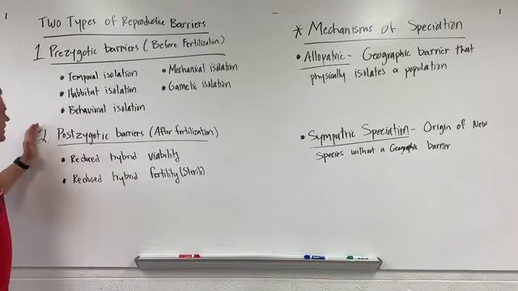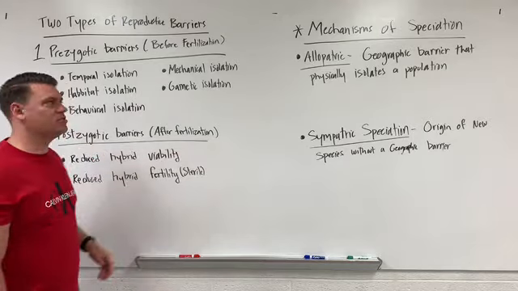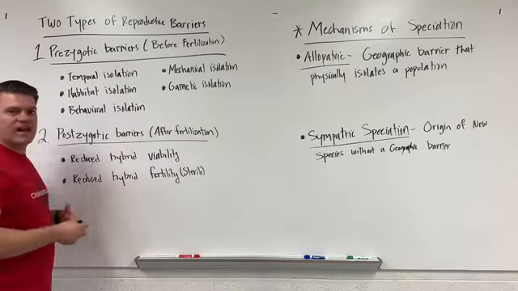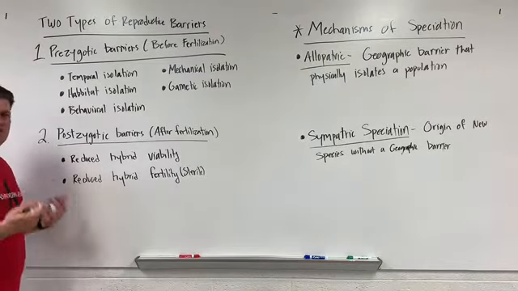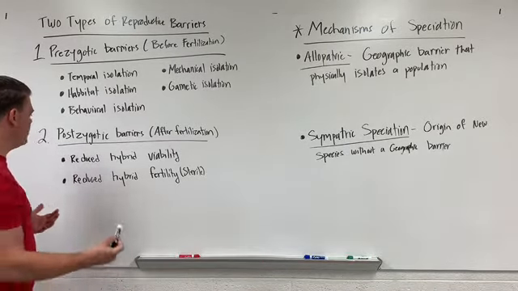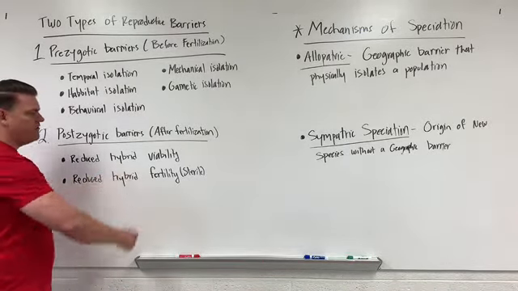Next, we're going to be looking at our post-zygotic barriers. So this is after fertilization. Let's say they get over all these barriers and they're actually able to have fertilization, but there still is a chance that they couldn't be a species. So one thing, reduced hybrid viability.